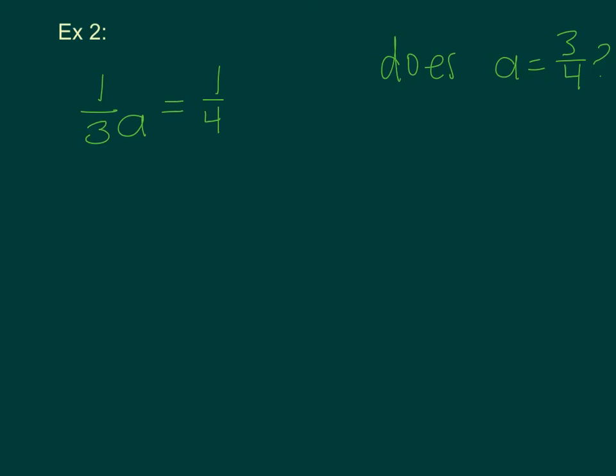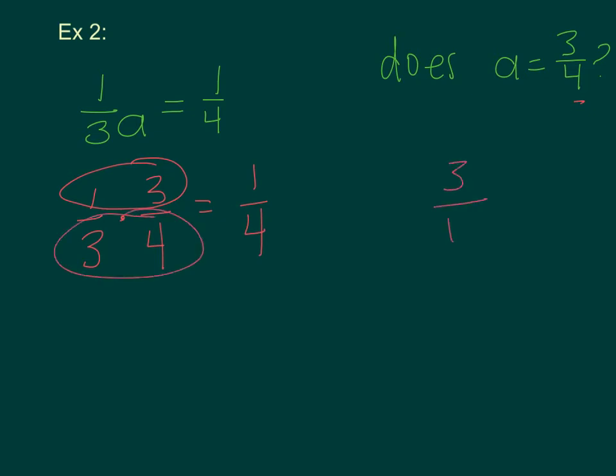Let's see if we can solve this. So I'm going to plug 3/4 in for a. I'm going to switch colors here. So now I have 1/3 times 3/4, and hopefully that will equal 1/4. Let's see if it does. So I need to multiply straight across. 1 times 3 is 3. 3 times 4 is 12.